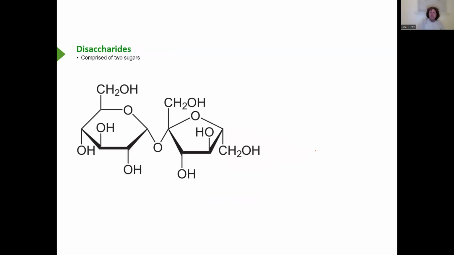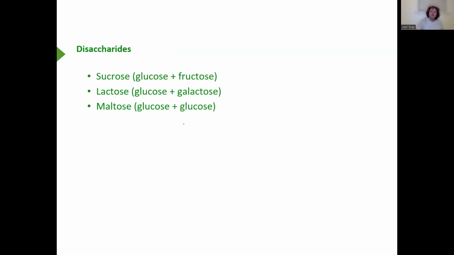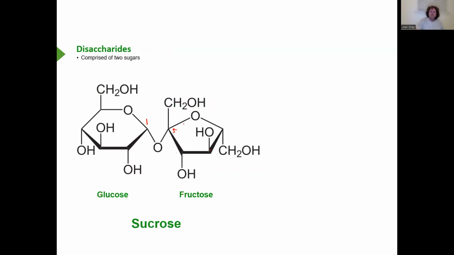Here is an example of a disaccharide that specifically is sucrose. What we have is a glycosidic linkage between carbon number 1 of glucose and carbon number 2 of our fructose. Oh, sorry, carbon number 1 and 2. 1 of glucose and 2 of fructose.